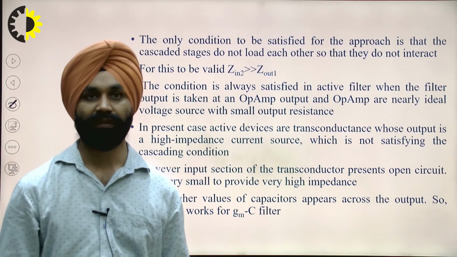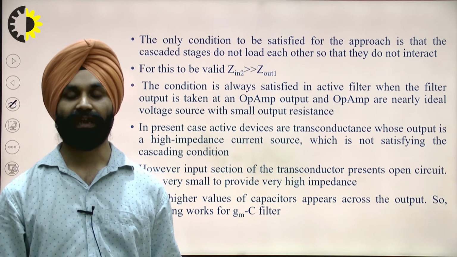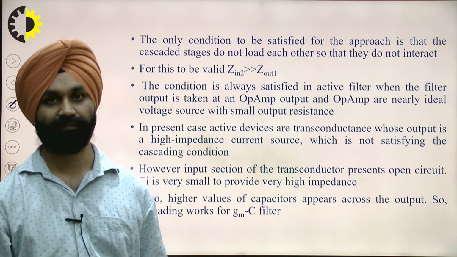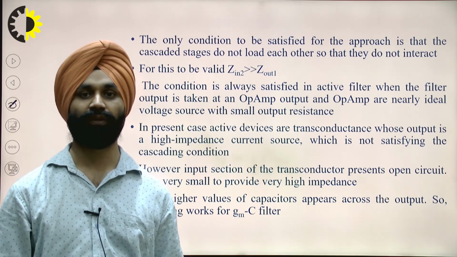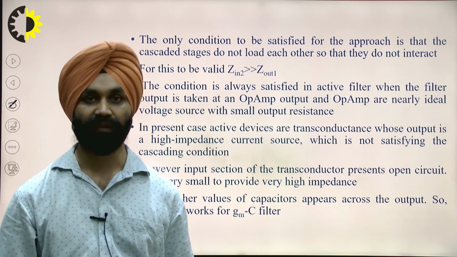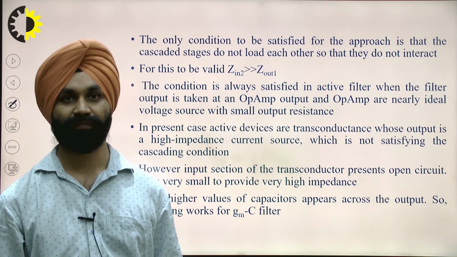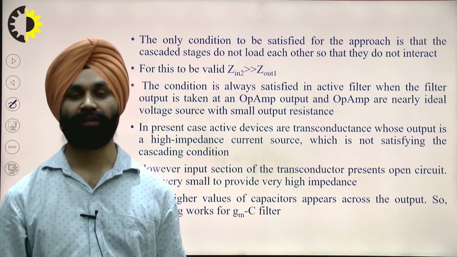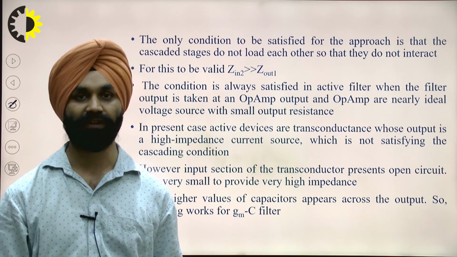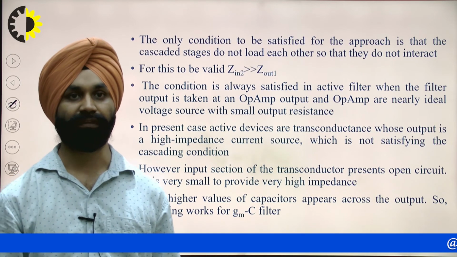The only condition to be satisfied in this approach is that the cascade stages do not load each other. For example, if we are loading the first order with the second order, then the loading effect of the second order filter on the first order filter should not be there. For this, the output impedance of the first stage should be much smaller than the second stage input impedance.